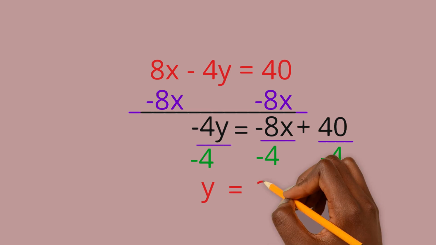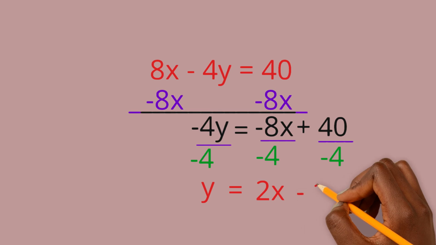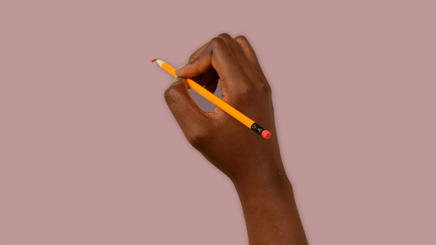I write my x to maintain my slope-intercept form. 40 divided by negative 4 would be minus 10. So my answer would be y is equal to 2x minus 10. The 2 would represent the slope of the line, and the negative 10 will represent the y-intercept.